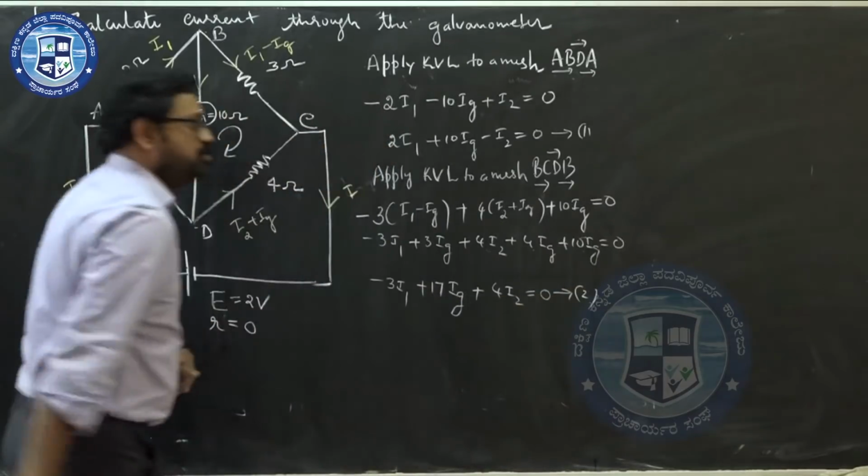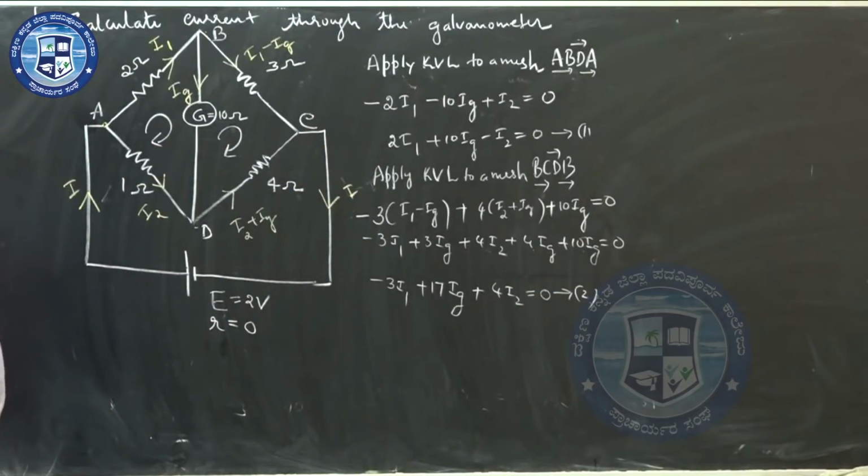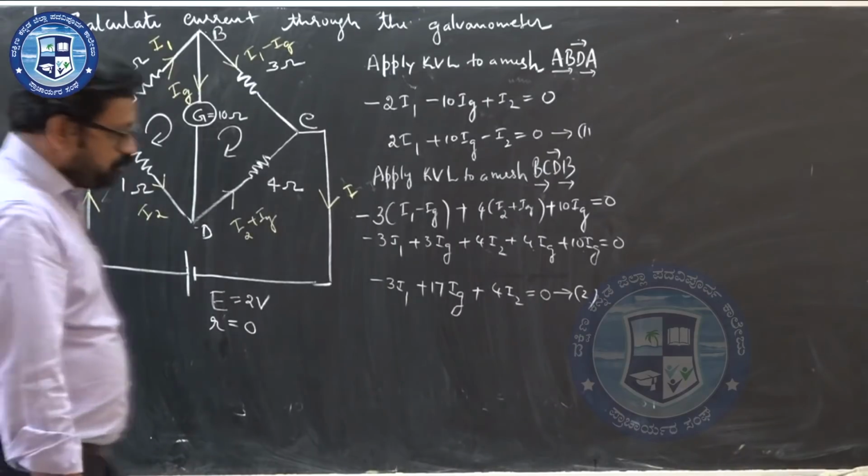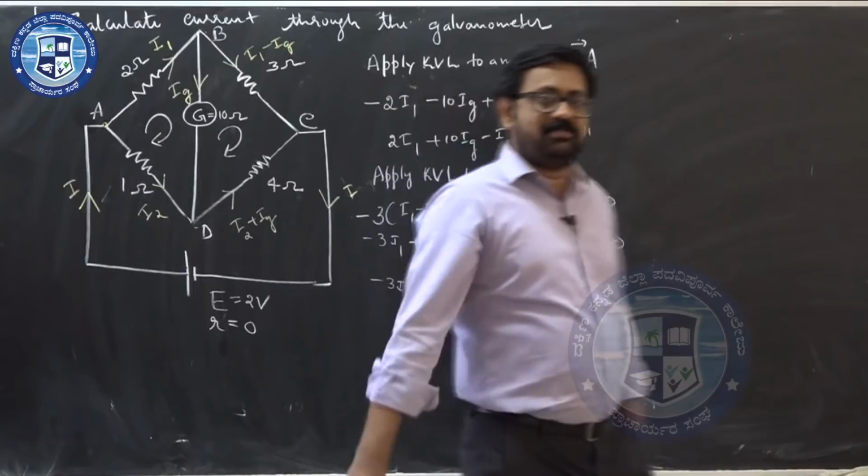Let it be equation 2. I think you followed. So, this is the second equation, minus 3I1 plus 17IG plus 4I2, correct? Again I am having 2 equations, but the same 3 unknowns.